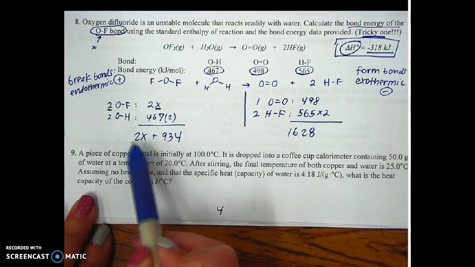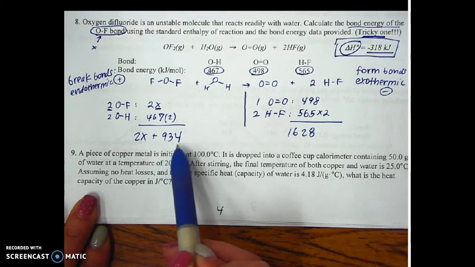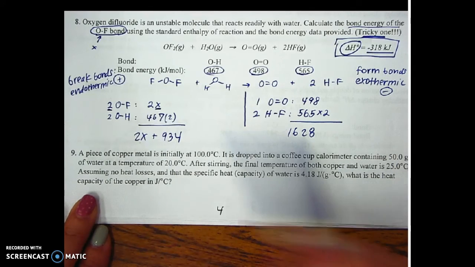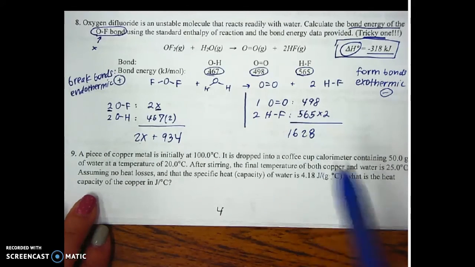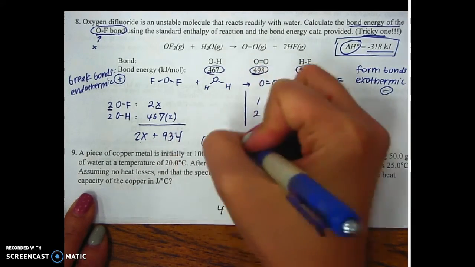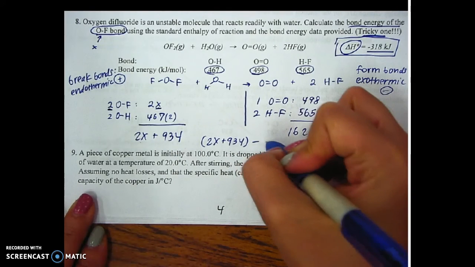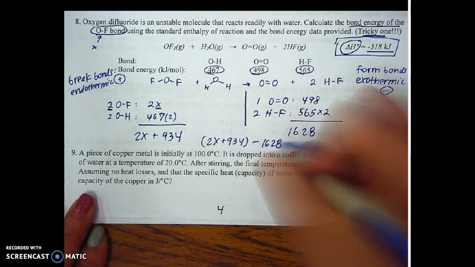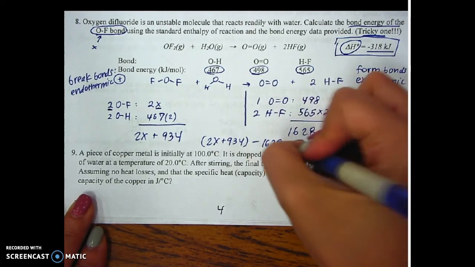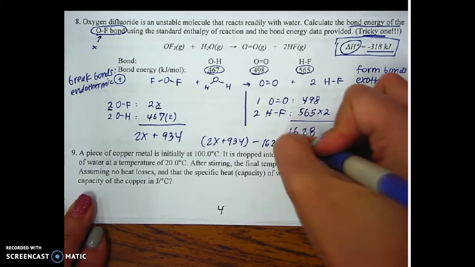Or you could think of it as this is a positive energy because we know it's endothermic. This is a negative energy because it's exothermic, and then we just add the two together. So for setup, it's going to look like 2x plus 934 minus 1,628 is equal to my total enthalpy for the reaction, which is negative 318 kilojoules.